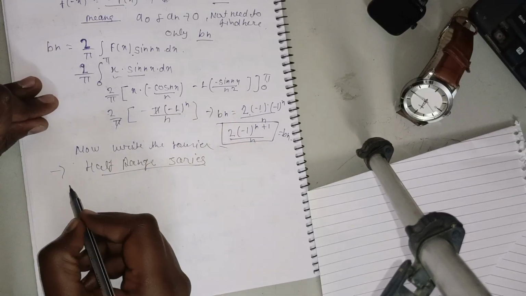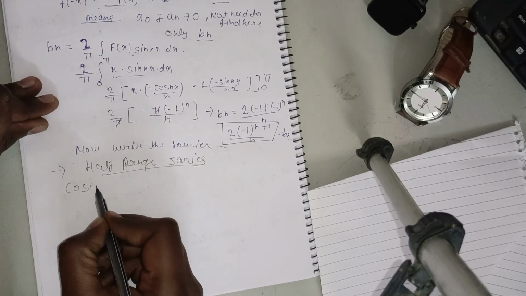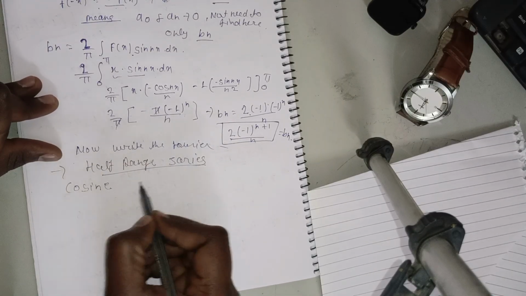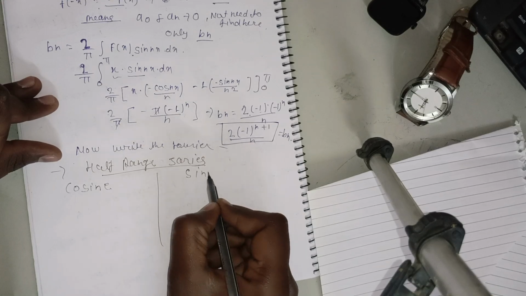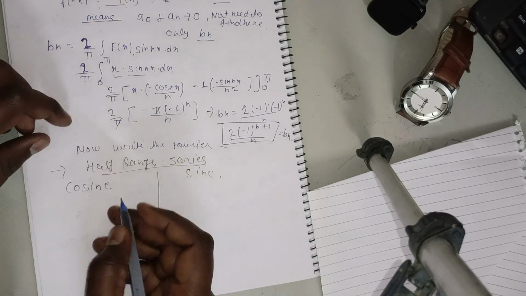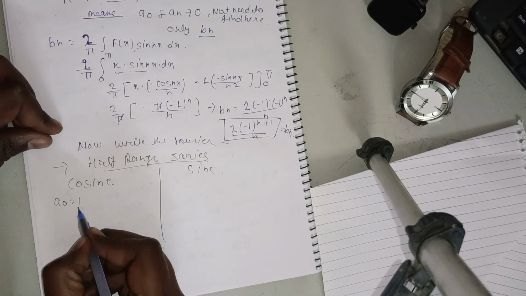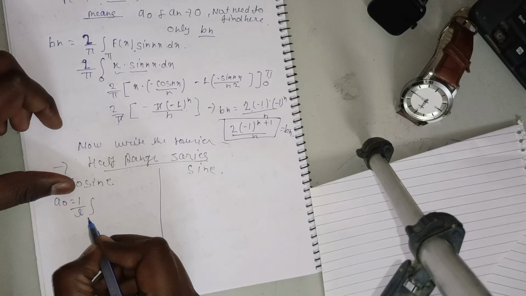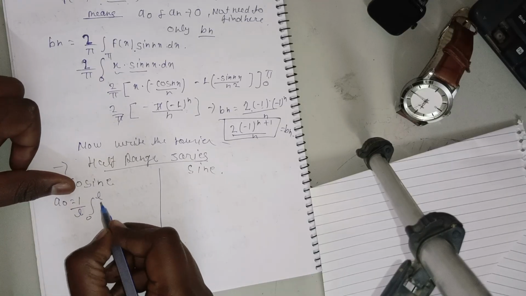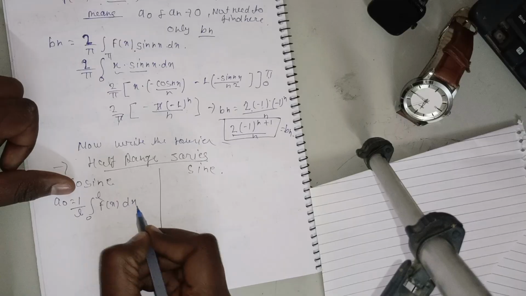Half range series means first of all there will be a cosine series, and there will be a sine series. For the cosine series, a naught is equal to 1 upon L, integration 0 to L f of x dx.